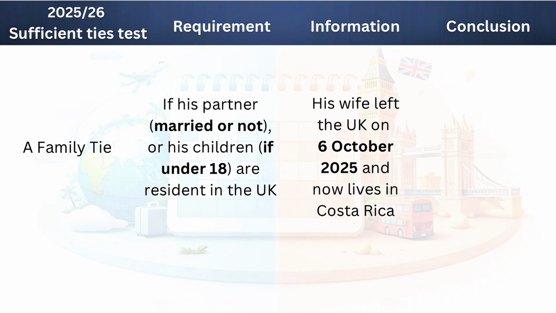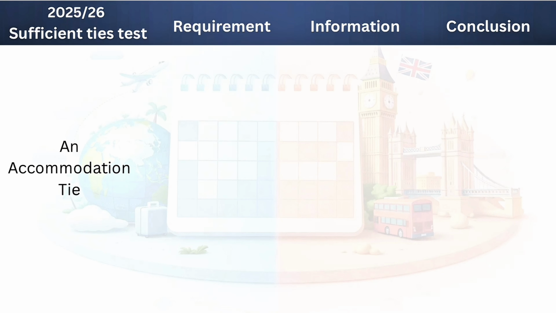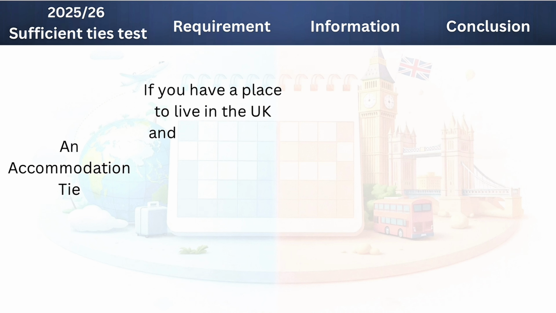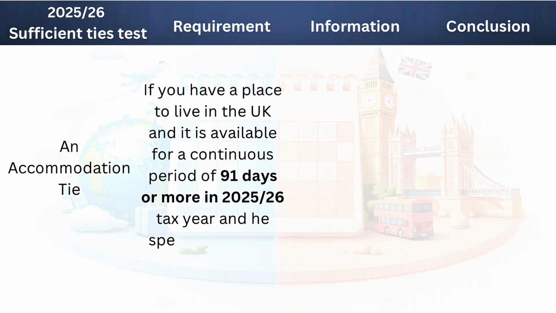So the conclusion is he has 1 tie with the UK for the year ended 5th April 2026. The second tie is the accommodation tie: if you have a place to live in the UK available for a continuous period of 91 days or more in the 2025-26 tax year, and he spent 1 or more nights in that property.